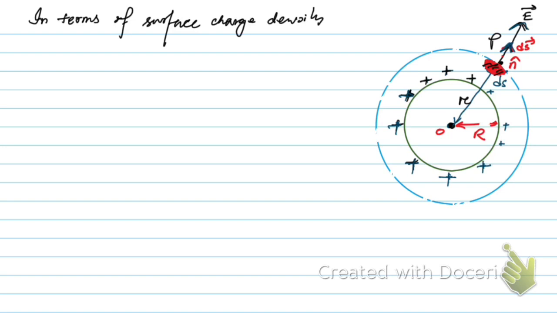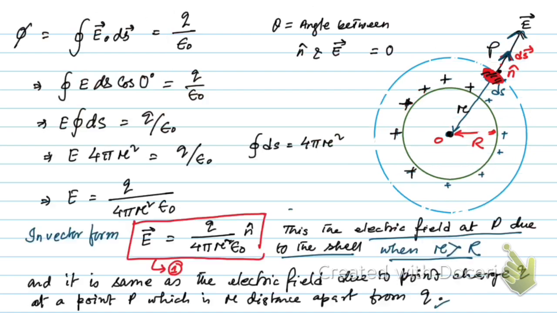So then surface charge density sigma is equal to the charge distributed over the surface divided by the surface area of this cell, that means charge per unit area. And the surface area of this cell, whose radius is capital R, is 4 pi capital R square, right? So now from equation number 1, here you see this is the equation. Let me copy this equation number 1.